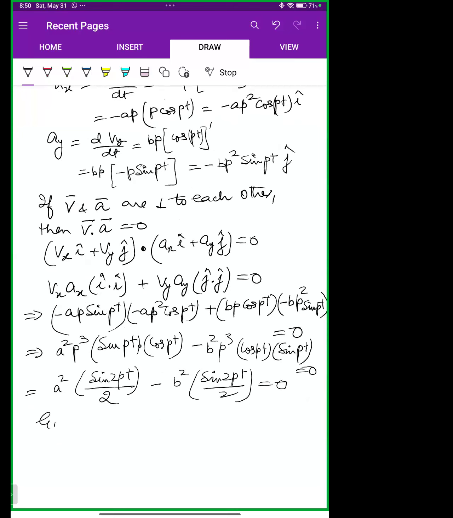Given, A is not equal to B. It is given in the question A is not equal to B. A is greater than B. So we will use that.